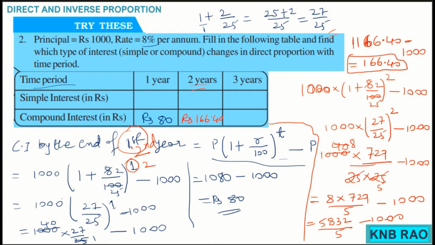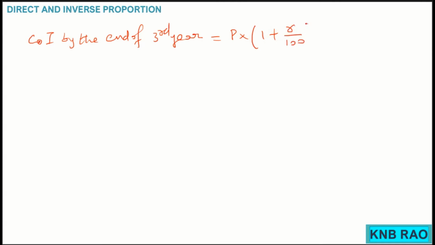Now we will calculate for third year on a new page. So compound interest by the end of third year, formula remains the same, principal into 1 plus r upon 100 raised to the power t minus principal.